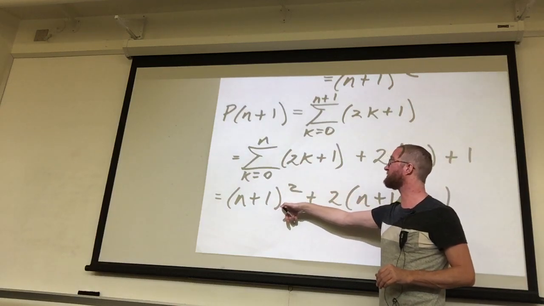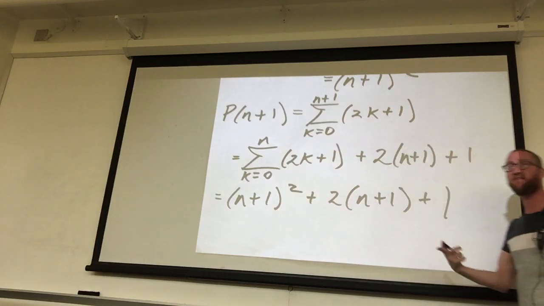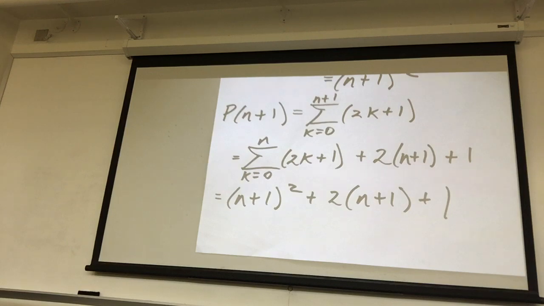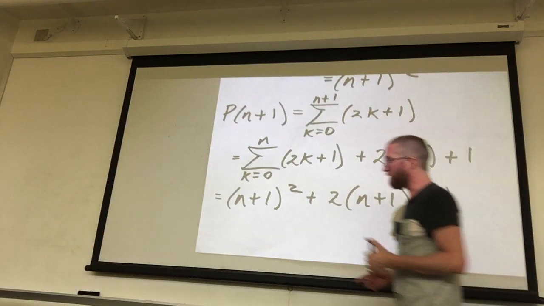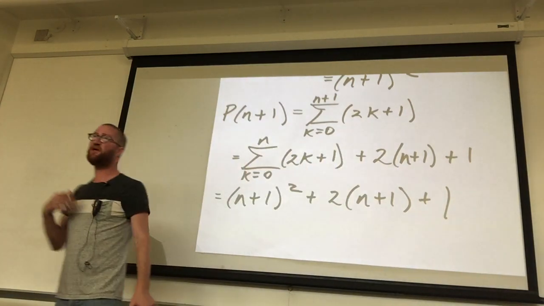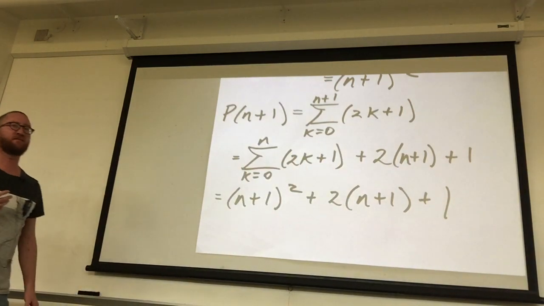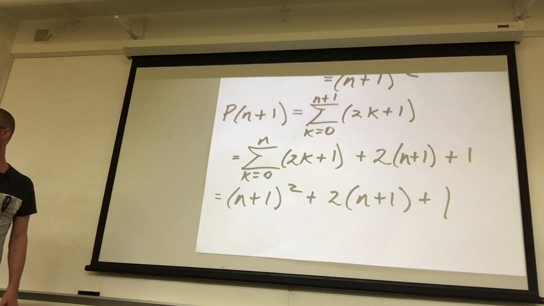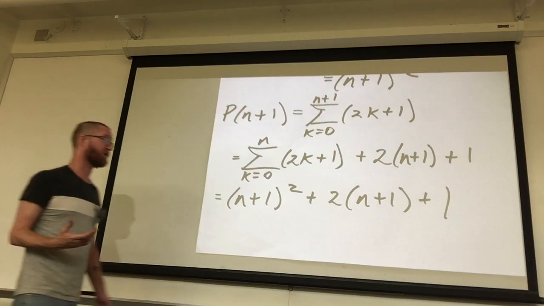Going from this step to this step is just saying, all right, that's our P of n. Okay. Now, what we are going to try to figure out is P of n plus 1 equals n plus 2 squared? Okay. So we're going to try to simplify this thing and see if it does in fact go to n plus 2 squared.